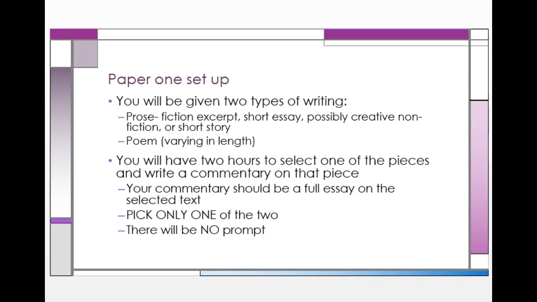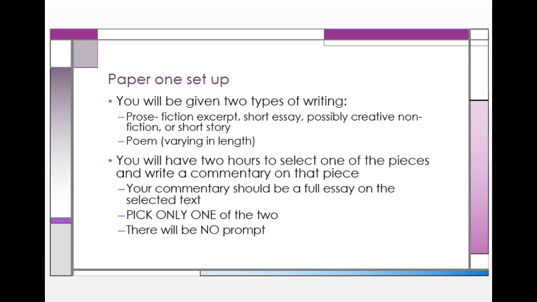So thinking about, for example, all the different sound devices: alliteration, consonance, assonance, onomatopoeia, any kind of sound device that you are familiar with, rhyme scheme, rhythm, all of those things.